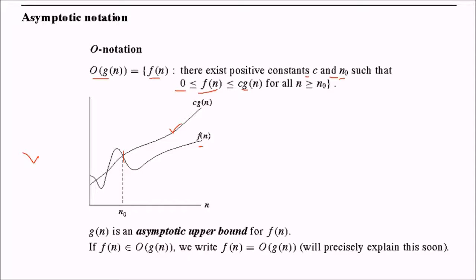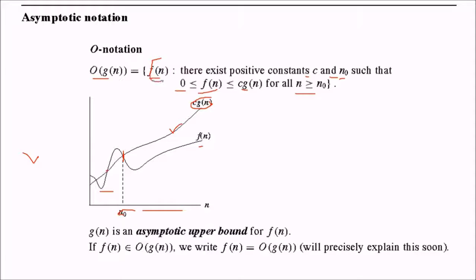You see that these two curves are meeting somewhere, and after this n0, that is why we said n should be greater than or equal to n0. Before this we are not worried, because for smaller values things may change, but after n0, for all these n, this cgn is the upper bound of this function fn.